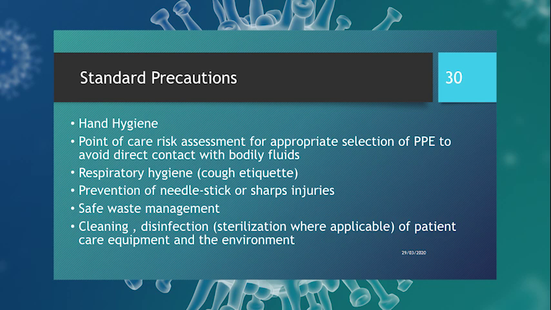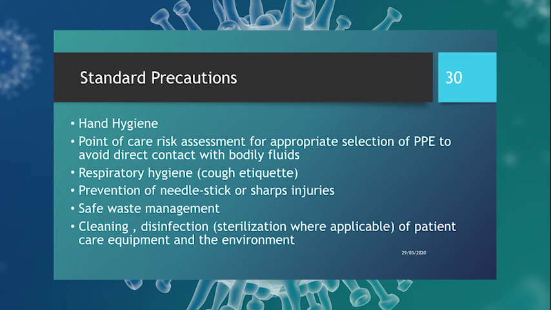In all levels of precaution, whether it's standard or transmission-based precautions, hand hygiene is very important. And other examples of standard precautions include respiratory hygiene. What does that entail? If you're going to cough, you cough in your elbow, and you should have tissue that you can use to cover your sneeze and cough, and it must be disposed of in the appropriate receptacle.